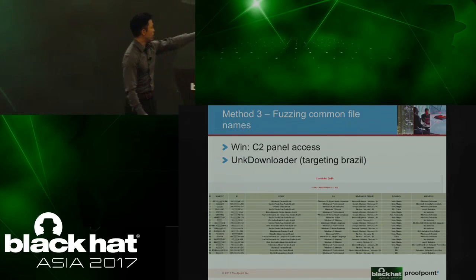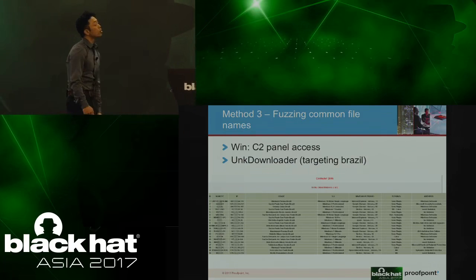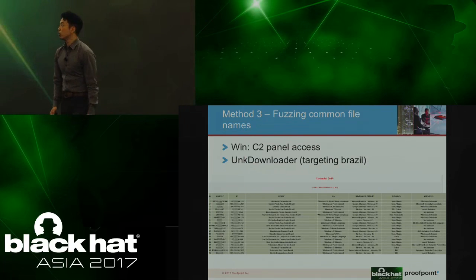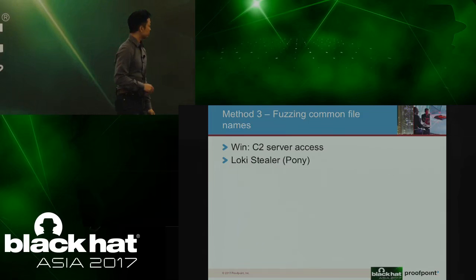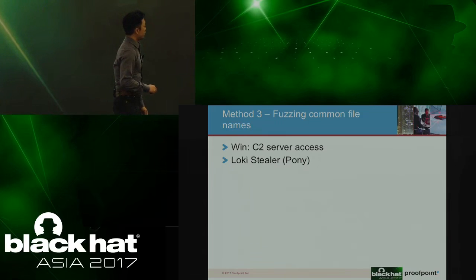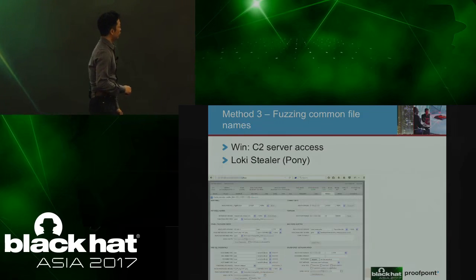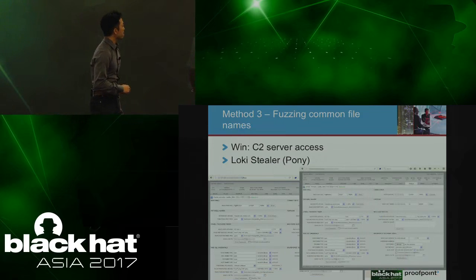And this one we're showing that we're successful against the UNC-downloader group, and we found their command and control panel, which did not require authentication. So once we've hit that URL, we're directly able to access their command and control and get all of their statistics. And we had success also with the Loki Stealer, previously known as Pony.